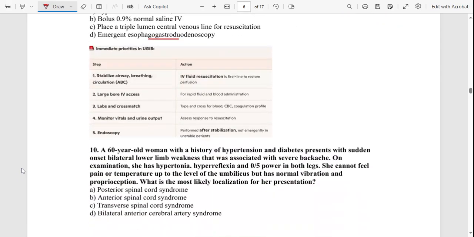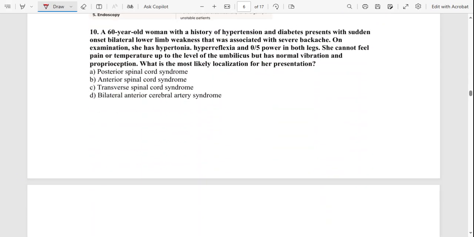Okay, number 10 says: a 60-year-old woman with a history of hypertension and diabetes presents with sudden onset bilateral lower limb weakness that was associated with a severe backache. On examination, she has hypertonia, hyperreflexia, and 0 out of 5 power in both legs.